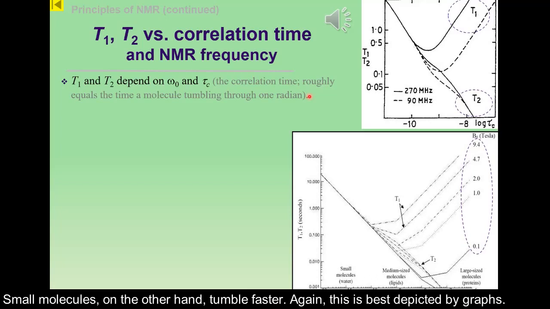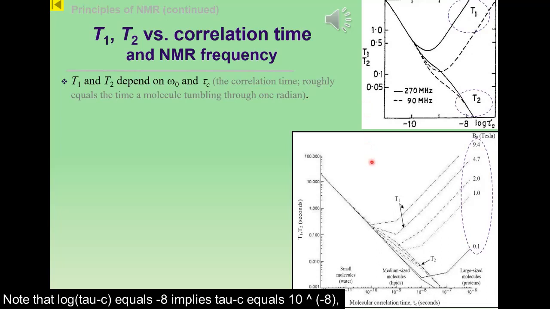Again, this is best depicted by graphs. Note that log tau c equals -8 implies tau c equals 10 to the power of -8.